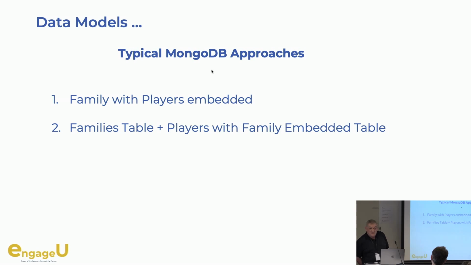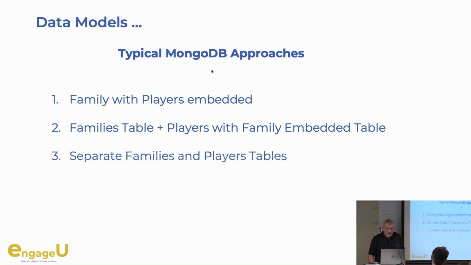So you have a families table to deal with families as a grouping, and you have a players table with the family information you need for each player in the same table as well. So now I'm duplicating data. And the other way is to just use the typical normalized approach of separate families and players tables. And there are more approaches to use.